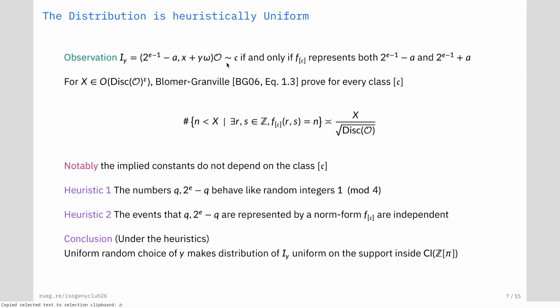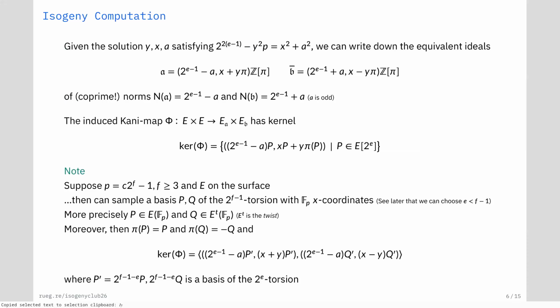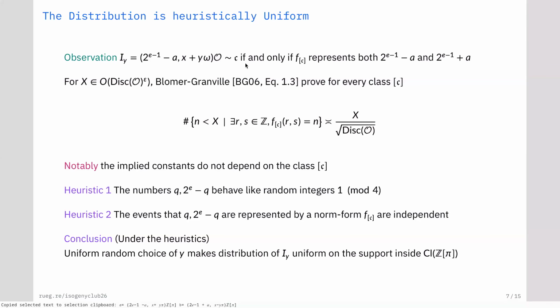I feel like that direction is fairly clear because our sampling algorithm gives us these two ideals, the ideals that we saw here. We know that, of course, the norm form of that class must represent the norms of both of the ideals. But the converse is also true, right?